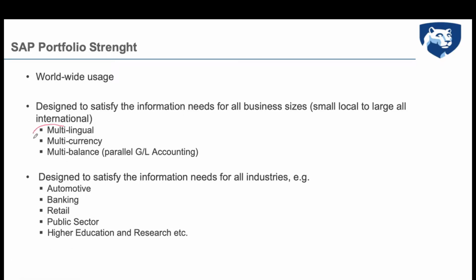So today SAP software and SAP applications include multiple languages, multiple currencies, multiple balances from an accounting perspective, and they have tailored business process models for different types of sectors like automotive, banking, retail, public sector, higher education, and so on.